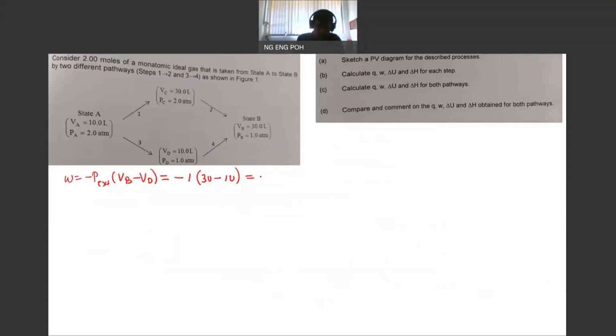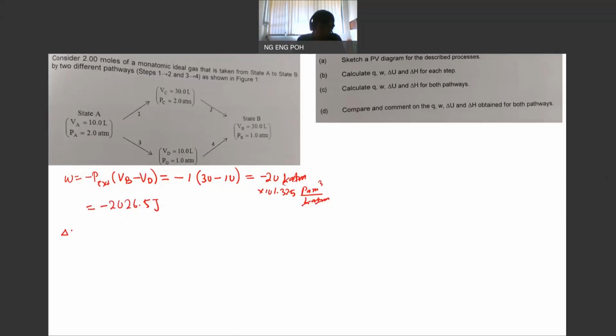So this will be negative 20 liter atm. You multiply with 101.325 joule per liter atm, so you cancel off. Then at the end, W equals negative 2026.5 joule.